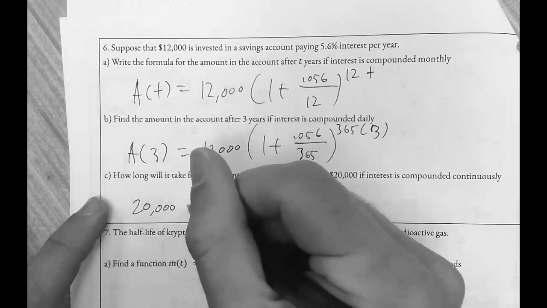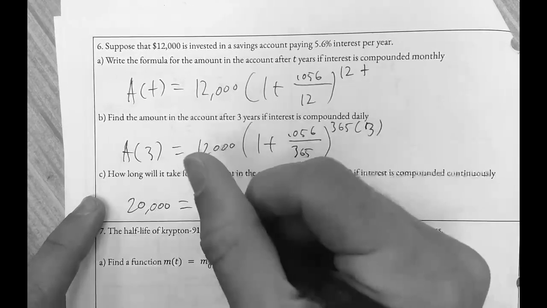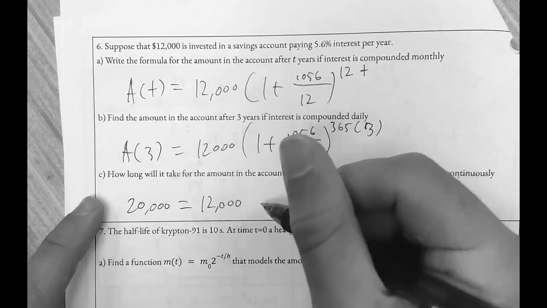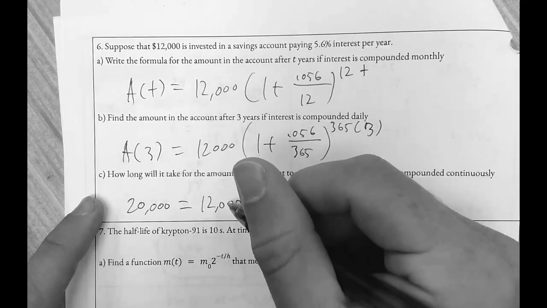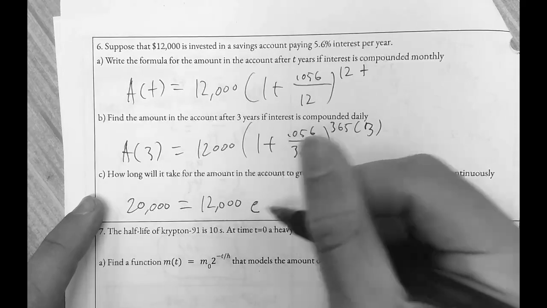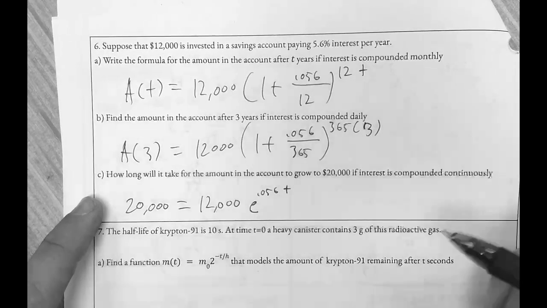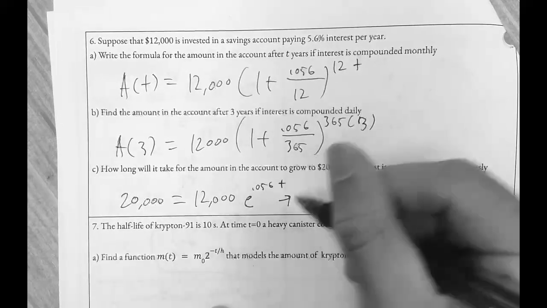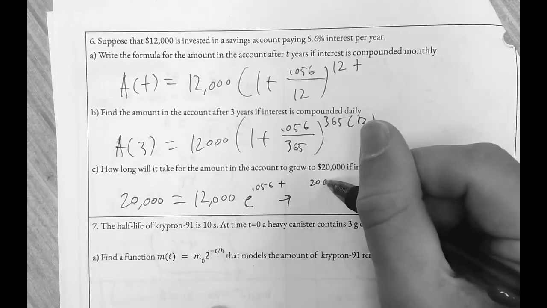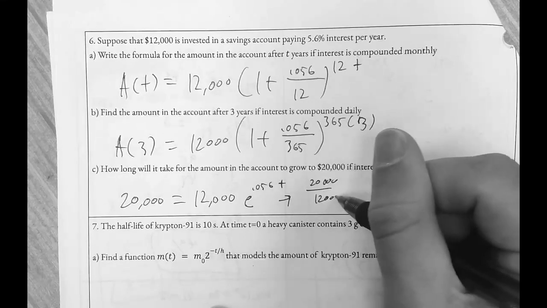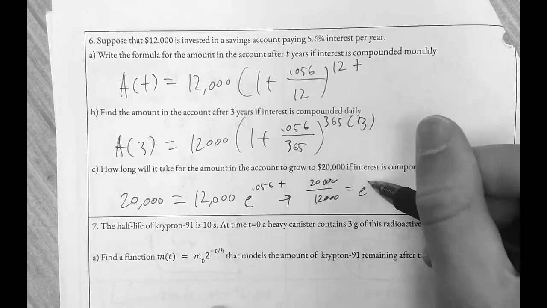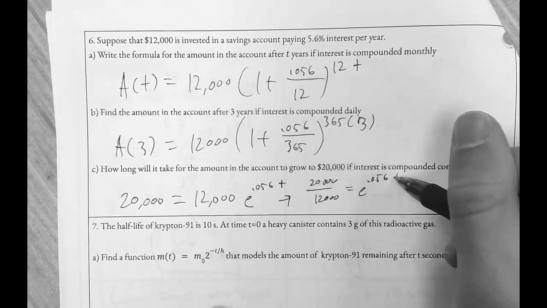So we're going to say 20,000 equals, we know the principal, 12,000, we're just solving for time. P e to the r t, 12,000 e to the 0.056 t, and we're solving for t, time. So this means that we'll have 20,000 over 12,000 equals e to the 0.056 t.